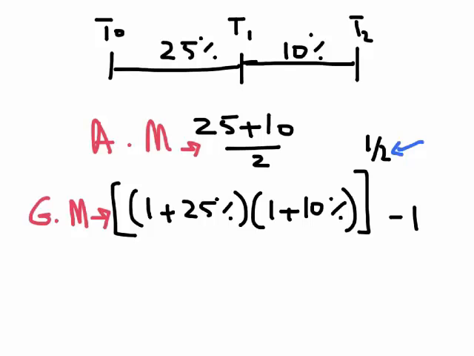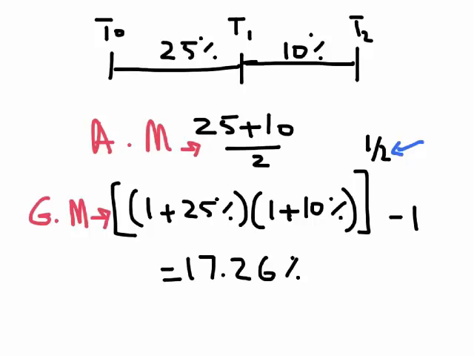And finally multiply by 100. 1.25 into 1.1. 17.26%. So this is a better average than the arithmetic mean.